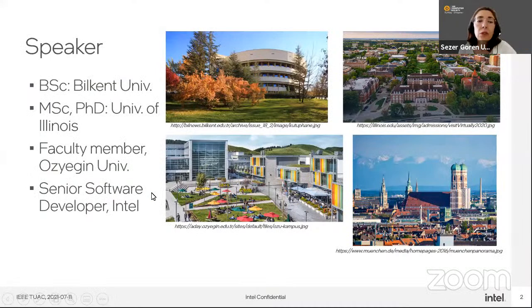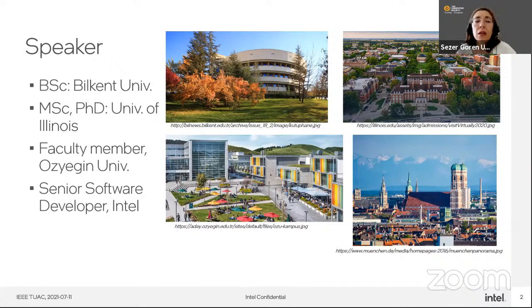Previously he was an assistant professor in computer science at Özyeğin University, and he received his BS degree in computer engineering from Bilkent University and master's and PhD degrees in computer science from University of Illinois Urbana-Champaign in 2005 and 2006 respectively.